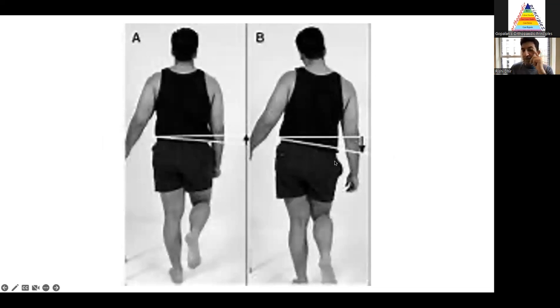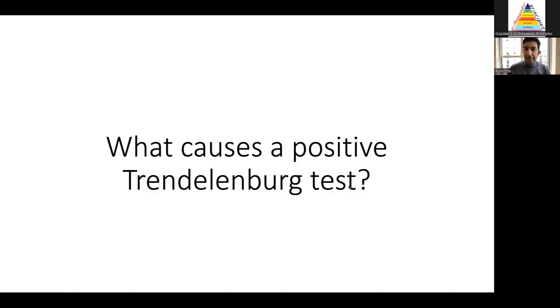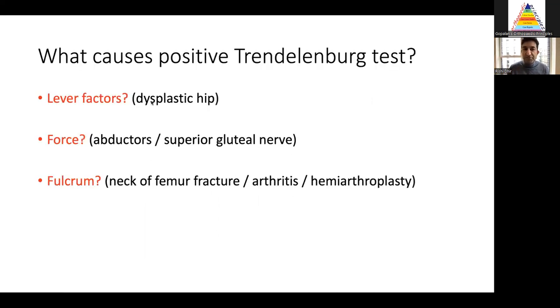So there is some sort of weakness or problem here. This is a positive Trendelenburg sign. So this is the first way that they might bring in a free body diagram for the hip. So they may ask you, what causes a positive Trendelenburg test? And everybody thinks of an abductor problem, but actually I want you to think about it in terms of, is it a lever problem?